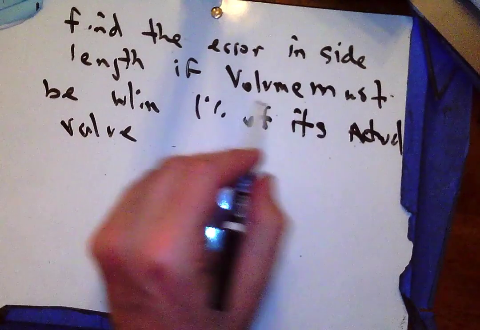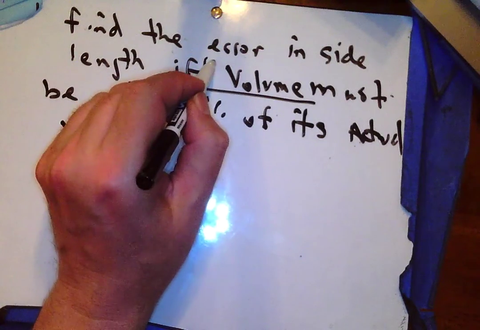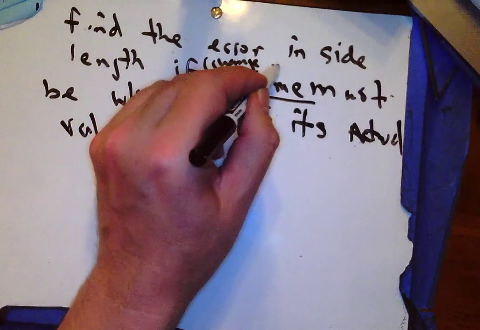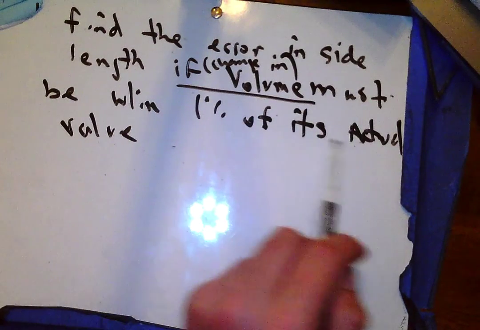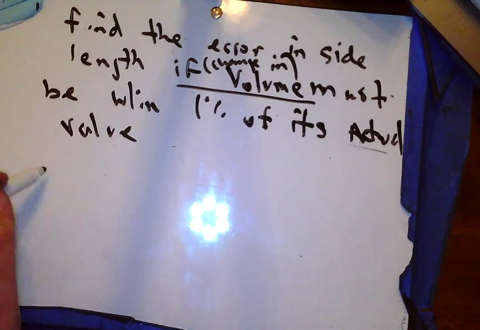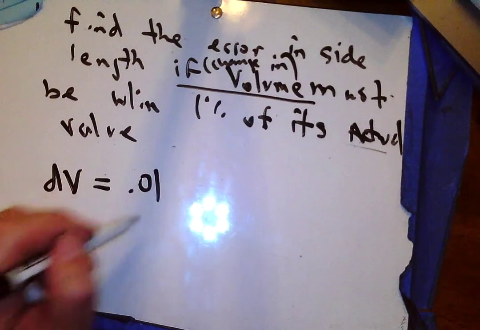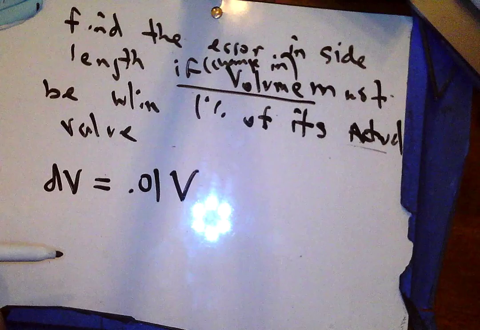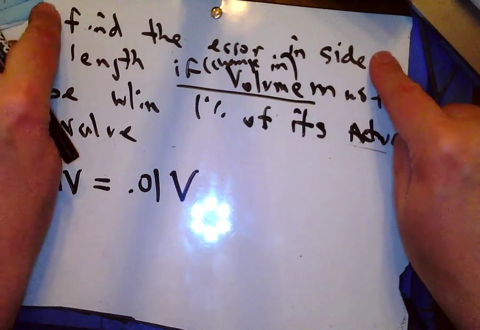Now, be careful here, because again, it's not the volume. It's actually the change in volume that they're talking about here. The change in volume must be within 1% of the actual volume. Great, we've got that. We want the error in side length.